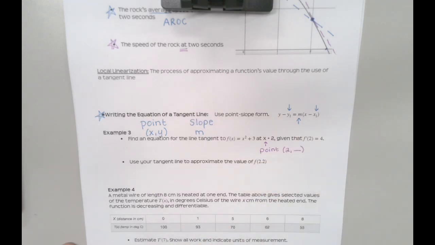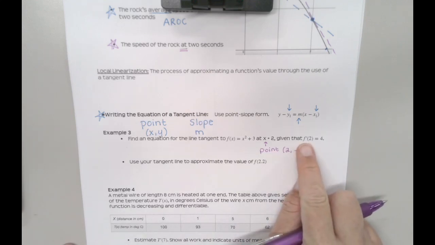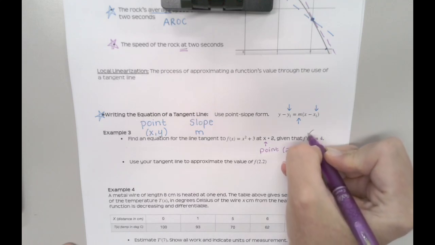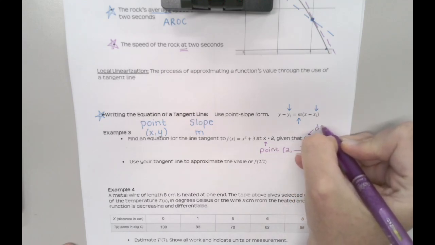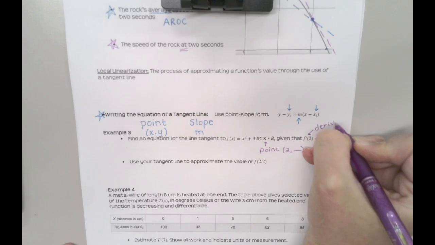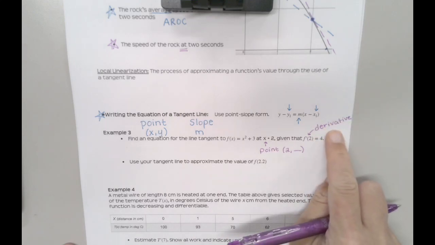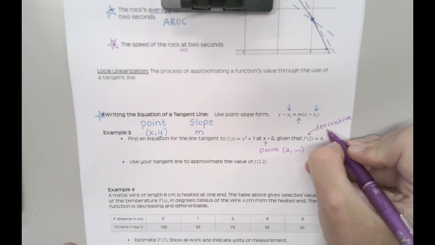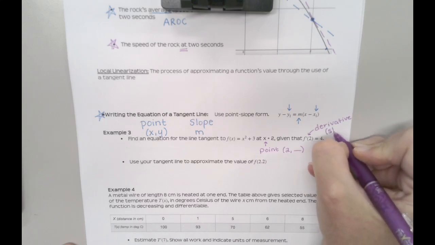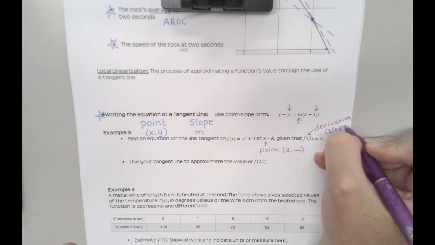I'm going to need to figure out what the y value is in just a second. And then it says, given that f prime of 2. This f prime, that's a derivative. And remember what the definition of derivative is. Derivative is the slope of the tangent line.